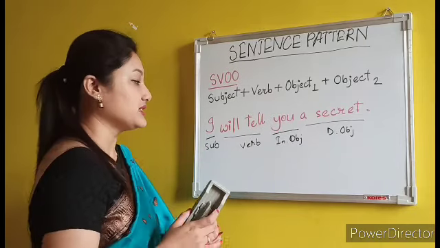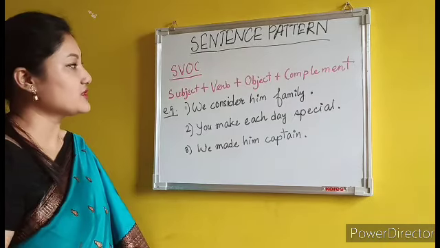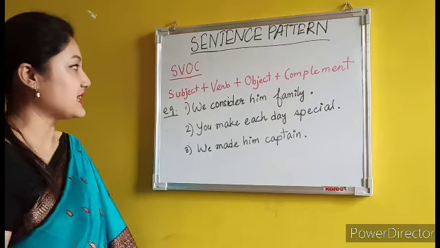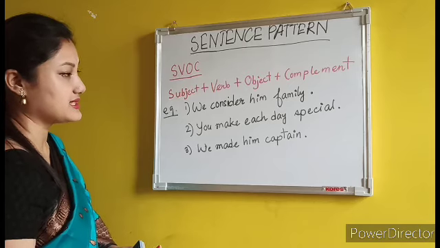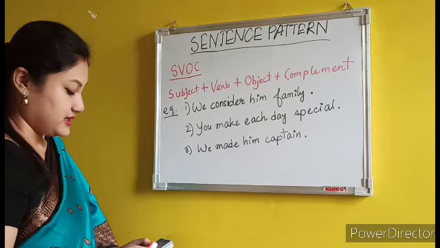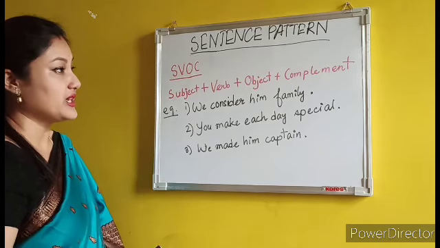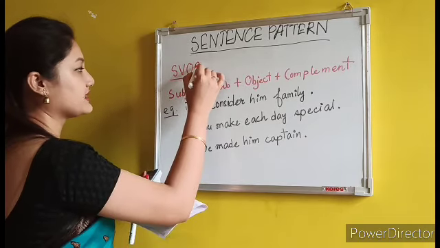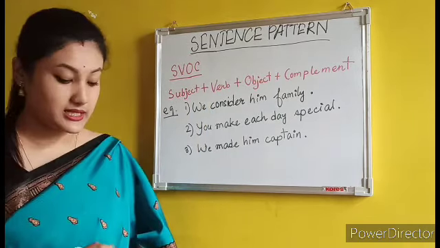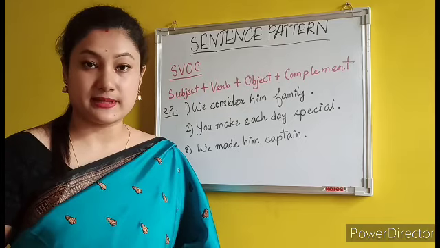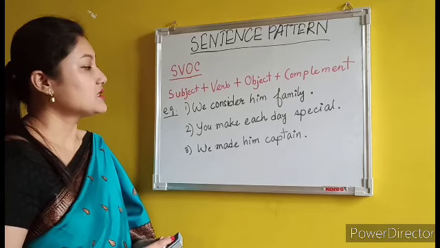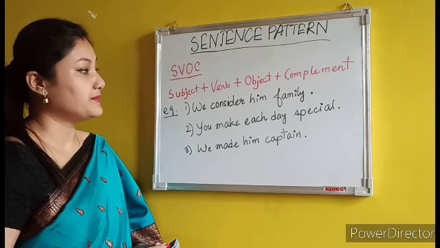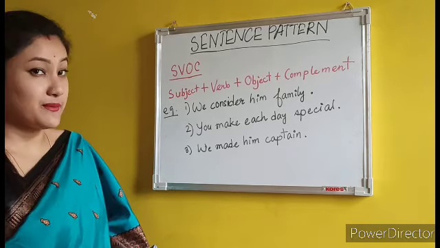So let's move on. Here are some examples of the SVOC sentence pattern. The first one is: we consider him family. We already know what a complement is. A complement is what? It fully explains the subject. So we consider him family.